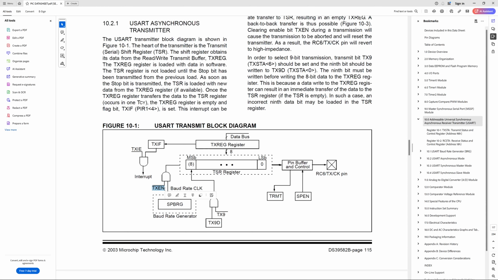If you enable TXEN, then only you will get an output over here. You can see an AND gate present here. Based on the SPBRG clock, this AND gate will generate another clock if TXEN is enabled. You know the working of an AND gate, right? Both inputs should be 1 in order to get the output 1.